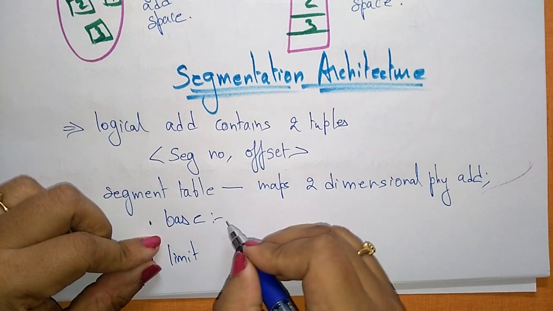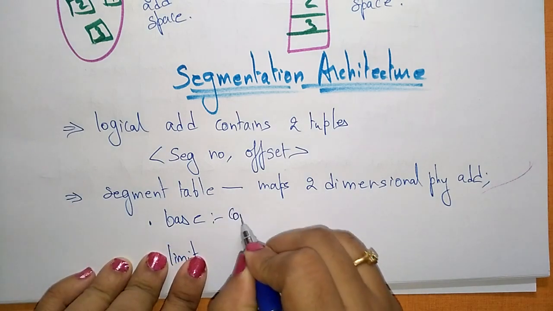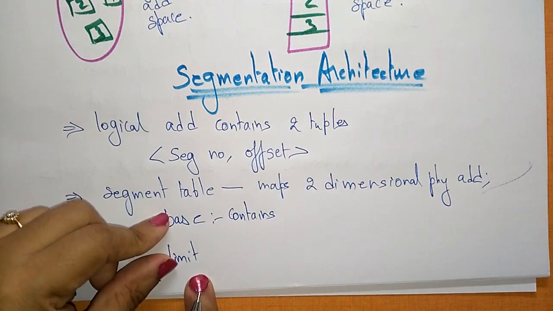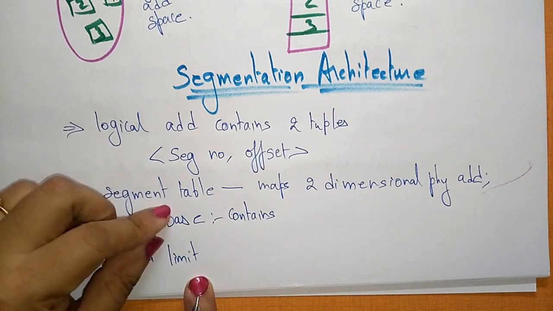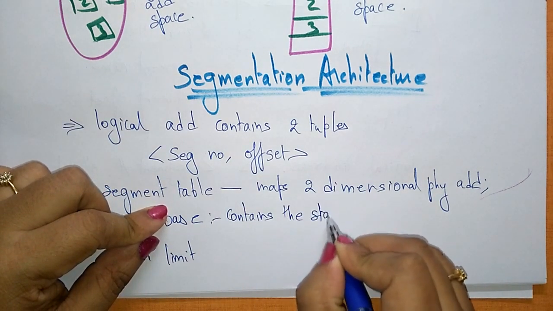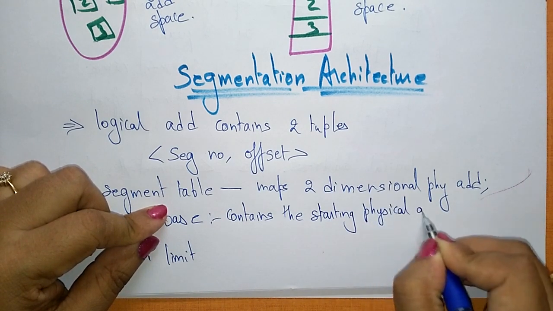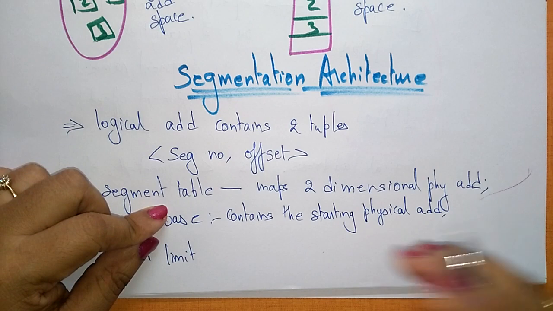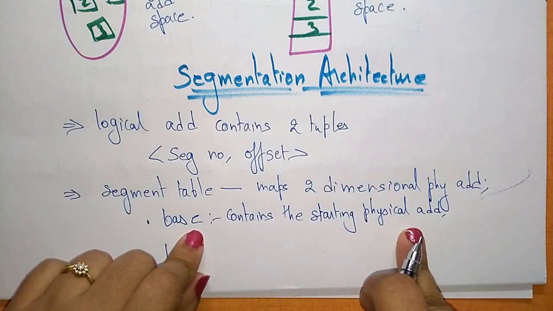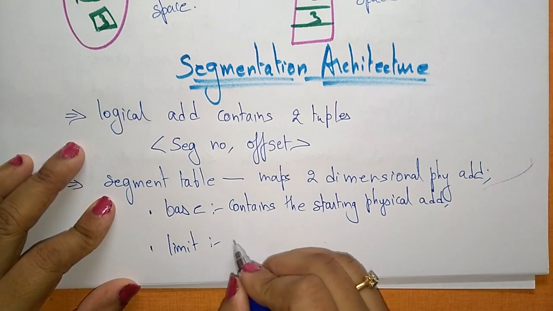The base contains the starting physical address. Just remember these terms, base and limit, which are present in the segment table. Base holds the starting physical address, where the segment resides in memory. And the limit specifies the length of the segment.